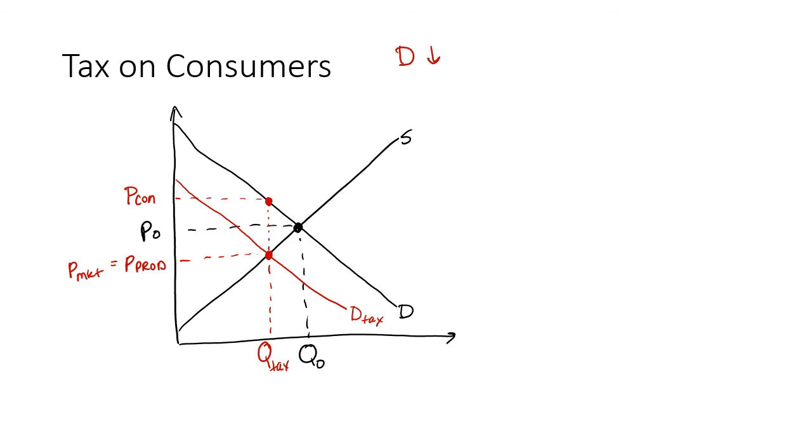So let's look at what happens to some key items. Consumer surplus, producer surplus, total surplus, tax revenue, total expenditures, total revenue, because they're not the same thing anymore, and welfare. So this is welfare to society as a whole.